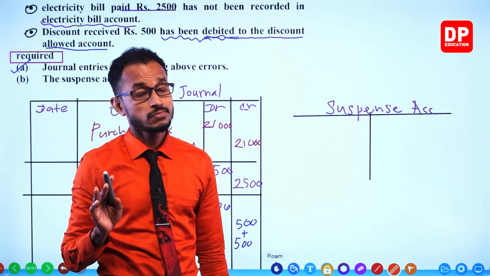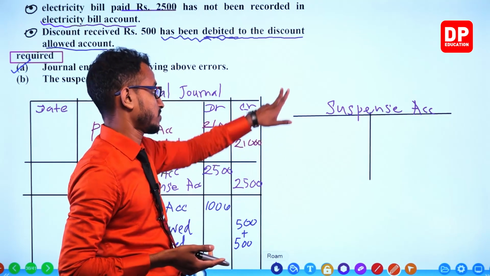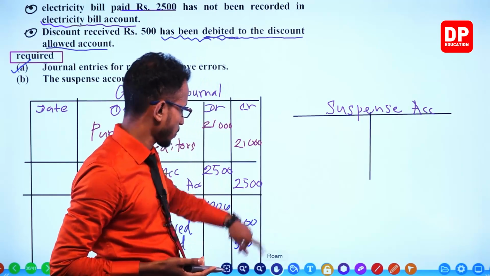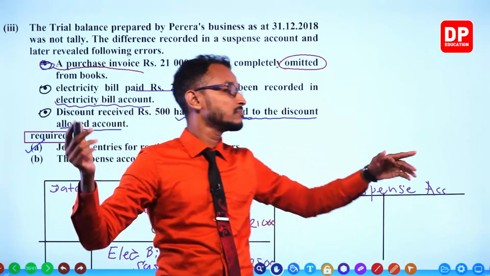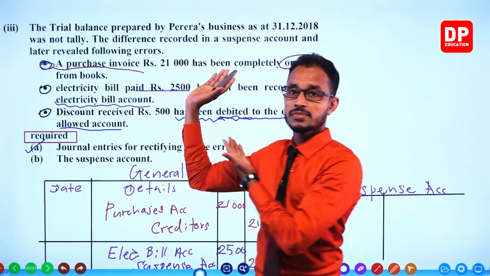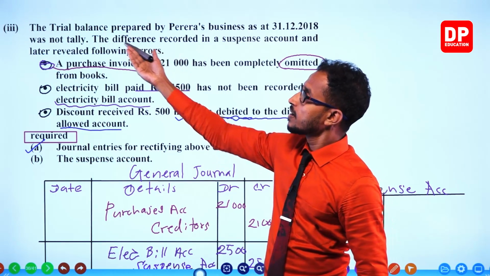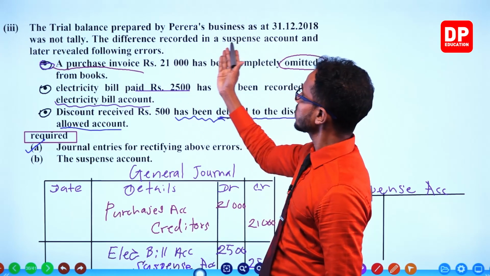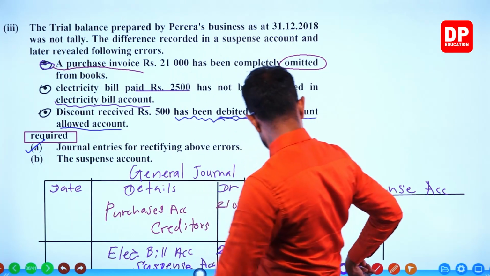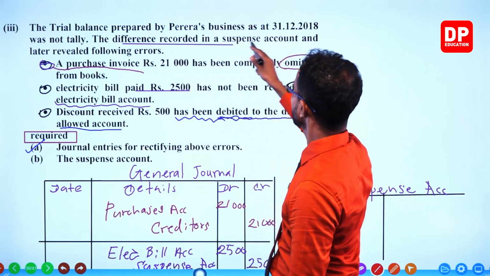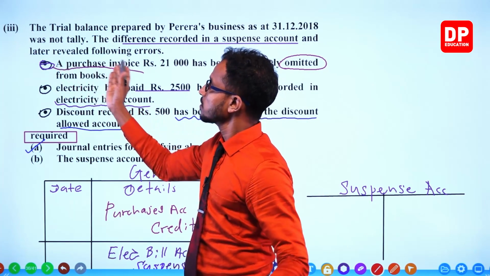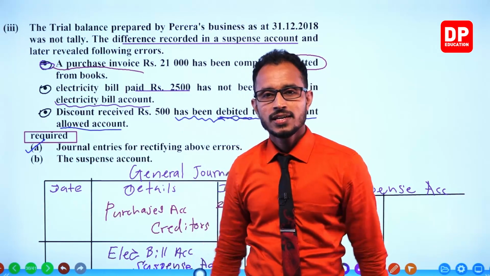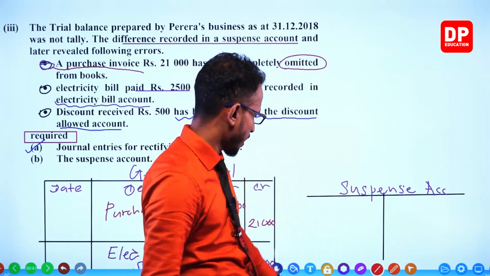They haven't given it. The trial balance was prepared and did not tally, with the difference recorded in a suspense account, but no difference is given. It's up to us to find the difference, just like I said before.